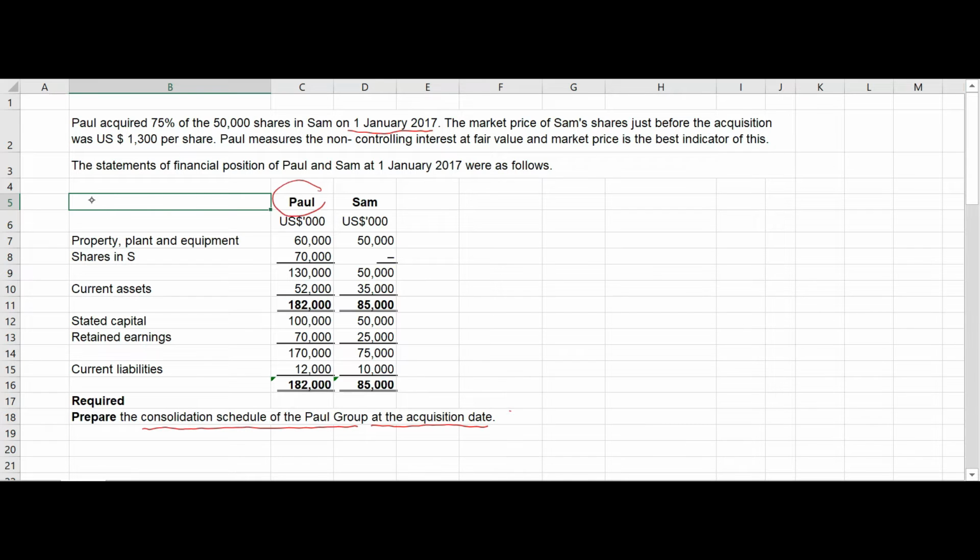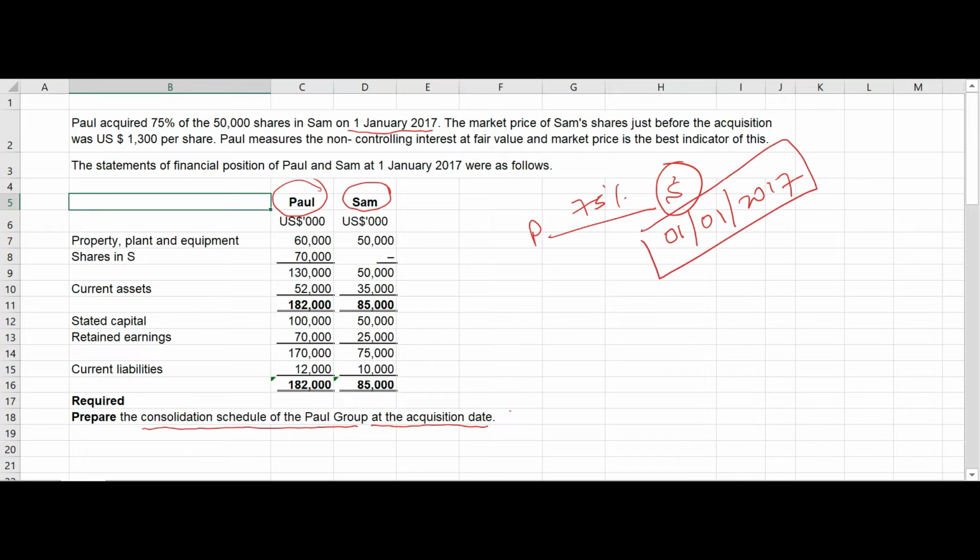Okay. So Paul is the parent company, Sam is the subsidiary company. Paul has acquired 75% of Sam company on 1st January 2017. So this is the acquisition date.